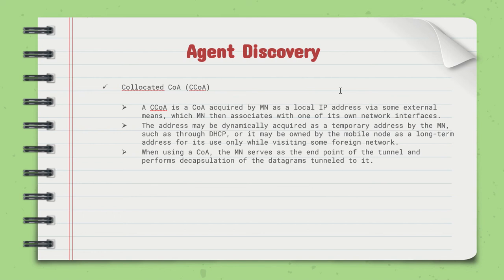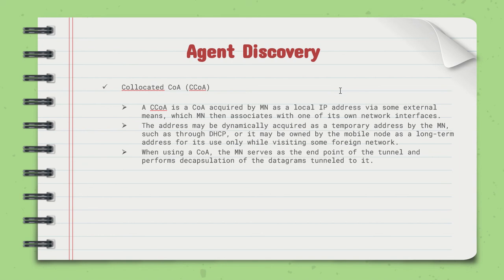Okay, next, collocated care-of address. A CCOA is a care-of address acquired by mobile node as a local IP address via some external means, which mobile node then associates with one of its own network interfaces.